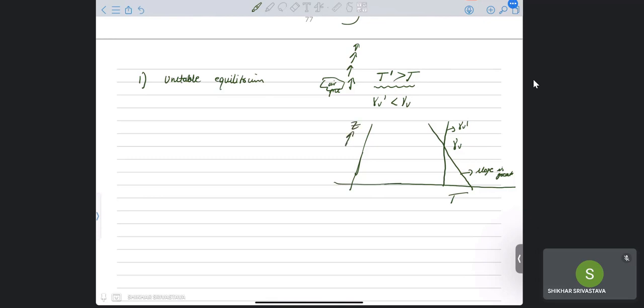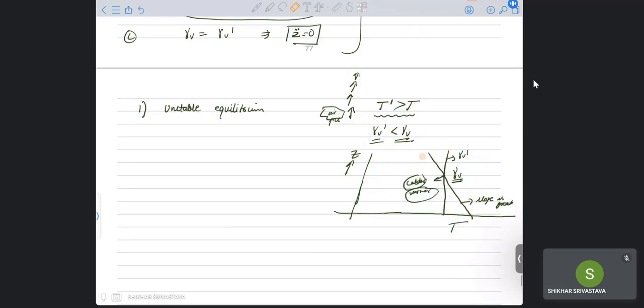At a given point, if both of them start at the same point, since the lapse rate of the environment is more, the temperature of the environment will be colder. And at that point, since the lapse rate of the parcel is less, it will be warmer than its environment.